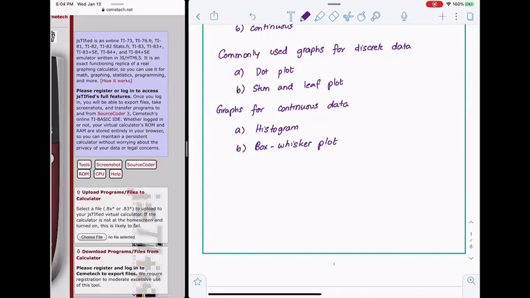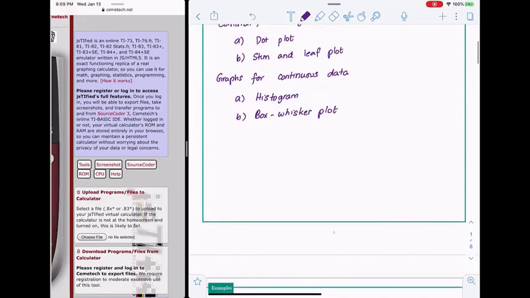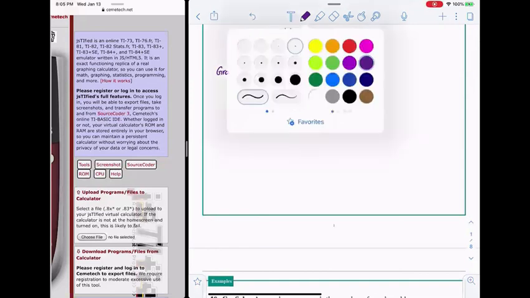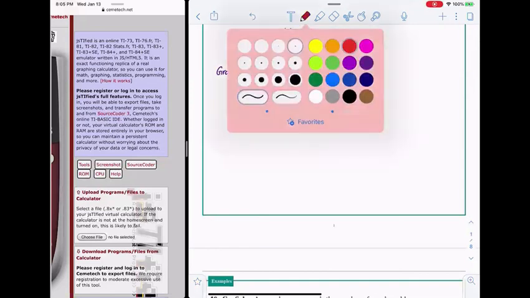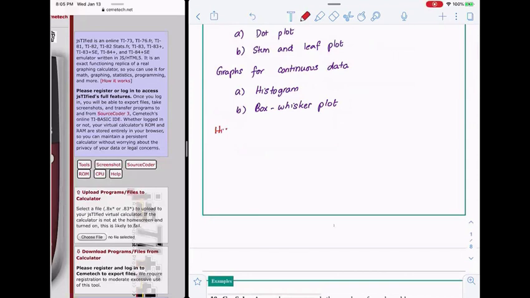So the thing that we have to note about a histogram is pretty much a bar graph for continuous data.